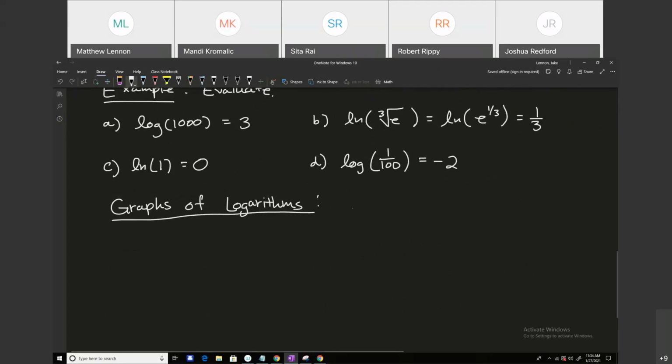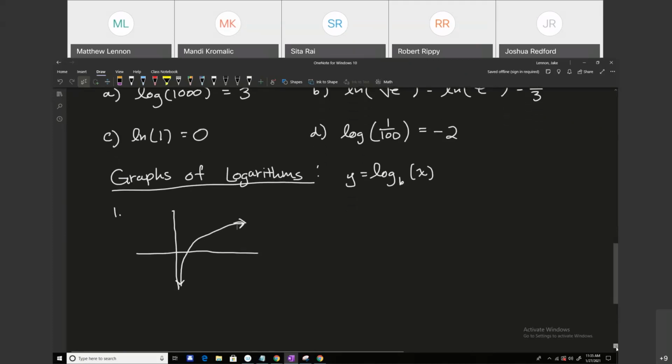So we're graphing something of the form y equals log base b of x. So the first graph would look something like this. So this is when b is greater than 1.